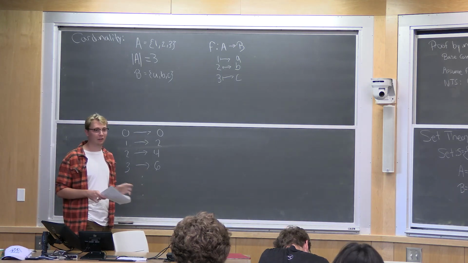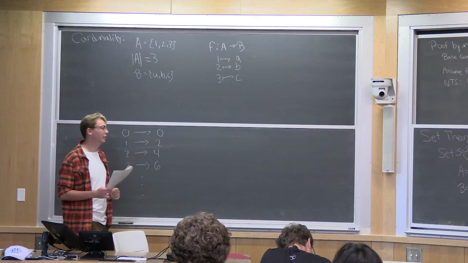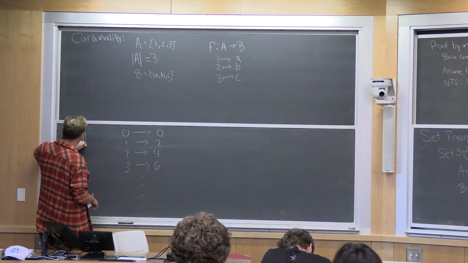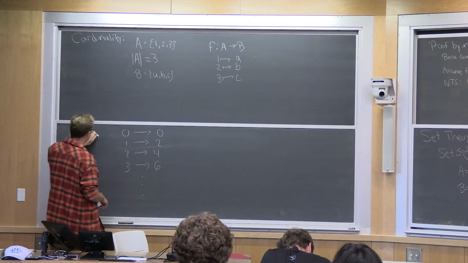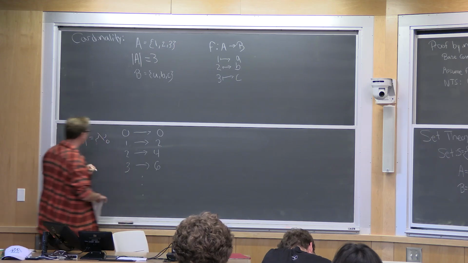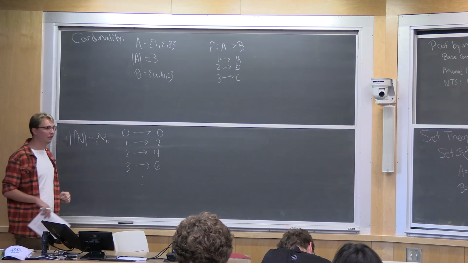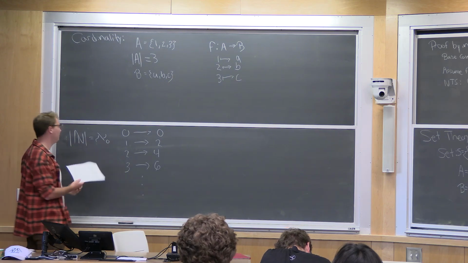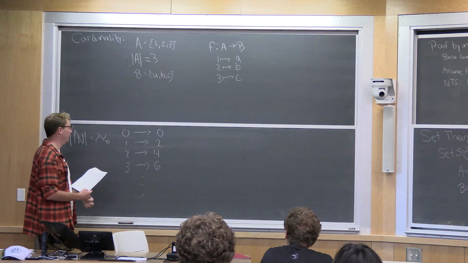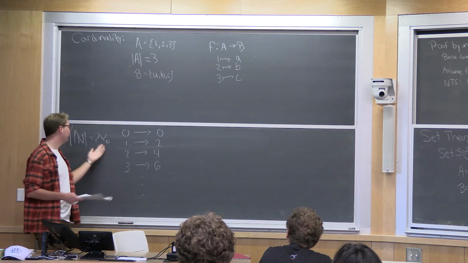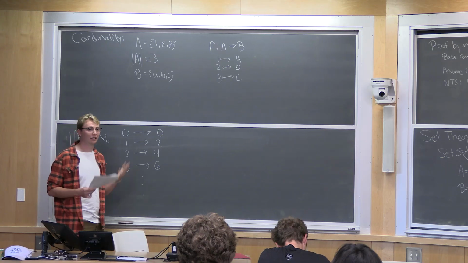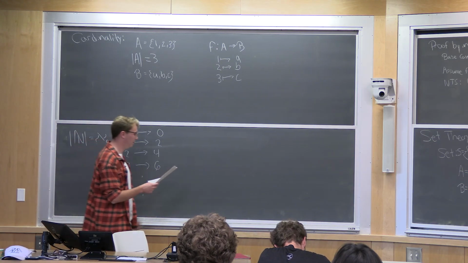The natural numbers are the smallest infinite cardinality, and we'll put the cardinality of the natural numbers is equal to aleph null. So it is the smallest infinite cardinality. And you also have the cardinality of the even numbers is equal to aleph null. And we're going to show that the cardinality of the integers is also equal to aleph null.